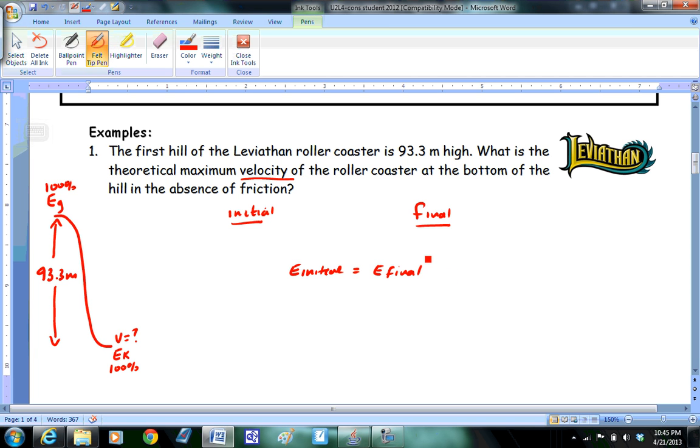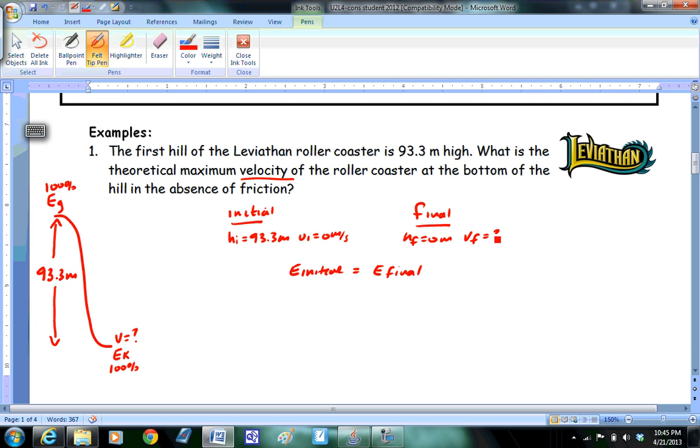I'm going to start writing down some quantities that I have. Initially, I know I'm going to have a height of 93.3 meters, and I know my initial velocity is going to be 0. I'm not moving. Similarly, on the final side, I'm going to have a height of 0. I'm at the ground. And I'm going to calculate the final speed or velocity.